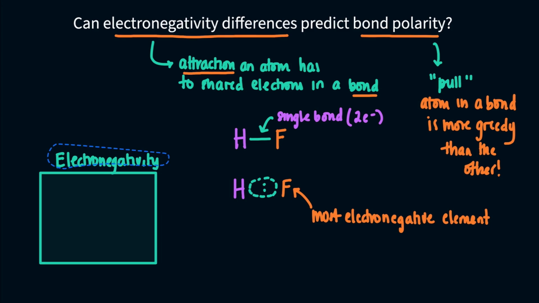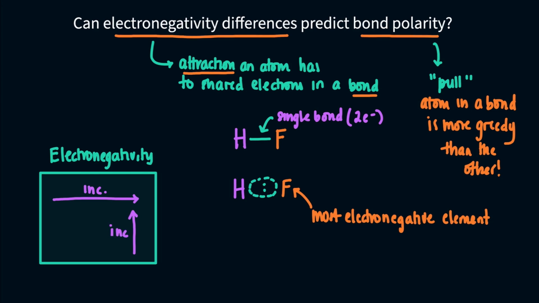Just know that electronegativity will increase as we go across a period, and it will also increase as we go up a group. So the most electronegative element is fluorine, which is in group 17. The least electronegative element is francium, which is all the way in the bottom left. So basically, electronegativity is increasing from francium all the way to fluorine.